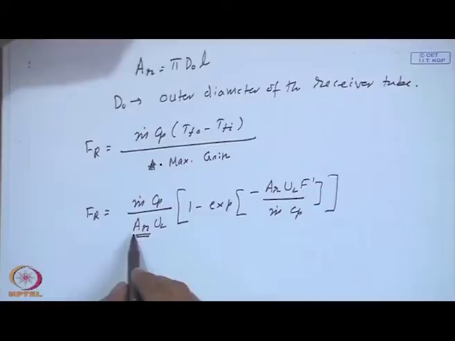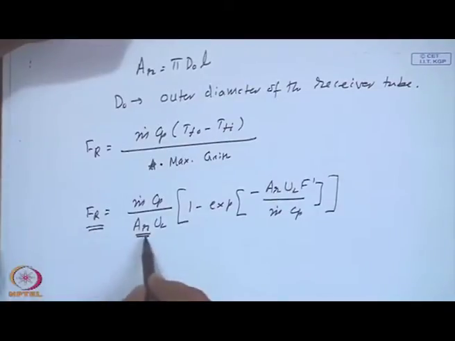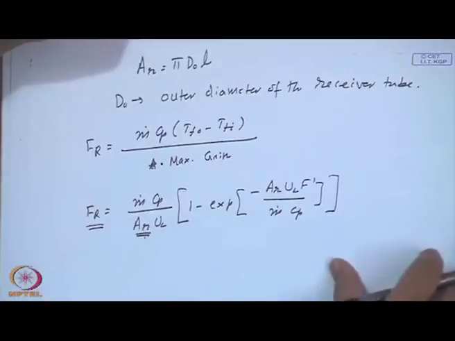The solar radiation received by the aperture area AA gets reflected and focused onto the receiver of area AR, and when we consider the increase in the temperature in the receiver tube, it is the AR that matters, which consequently leads to the heat removal factor being expressed in terms of AR.